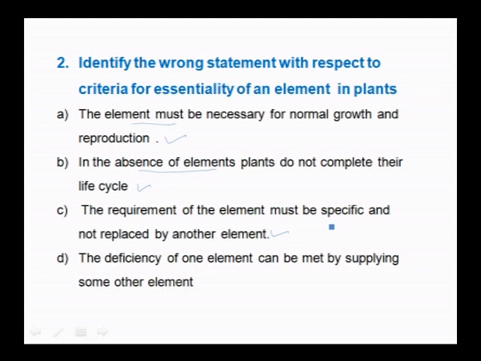If nitrogen is essential for the development or for the formation of a particular protein, we need to supply only that. By changing the nutrient, we cannot make the plant grow normally.